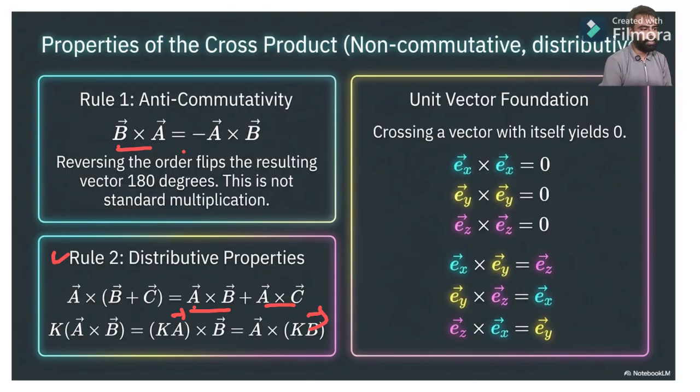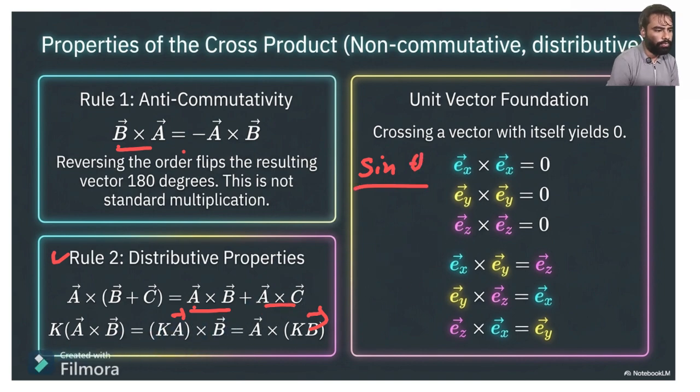A cross product, as we have seen, is about sine theta, and if the value of theta is 0, then it gives us 0 as well. For parallel vectors, meaning vectors with the same direction, the angle between them will also be 0.